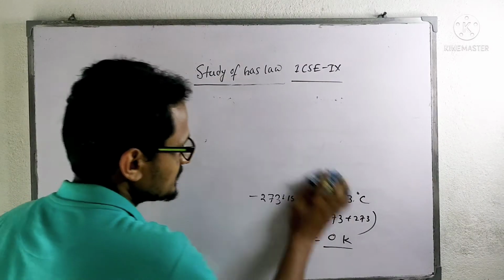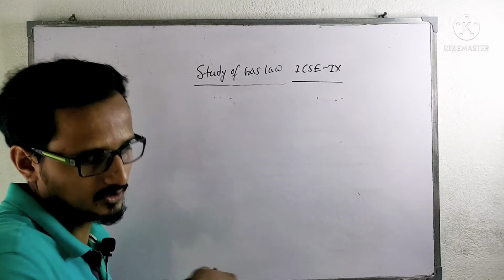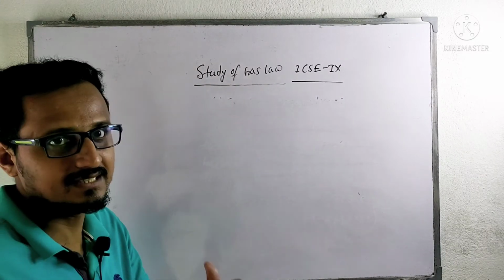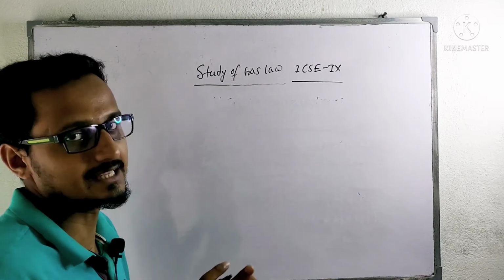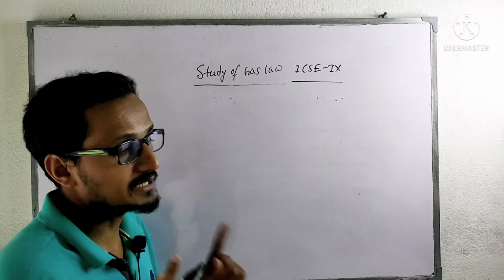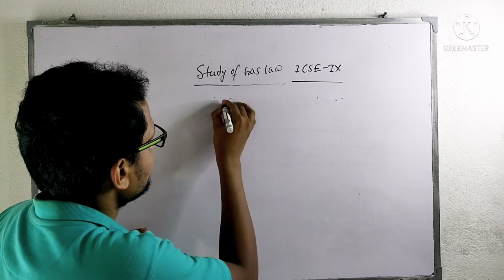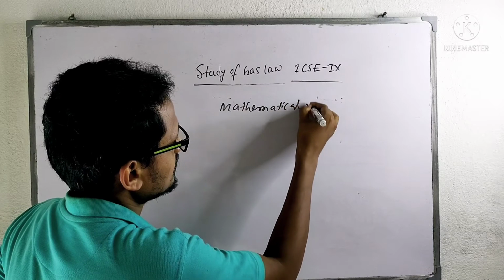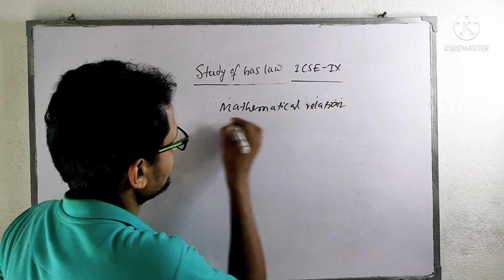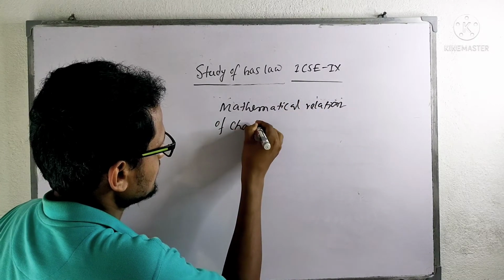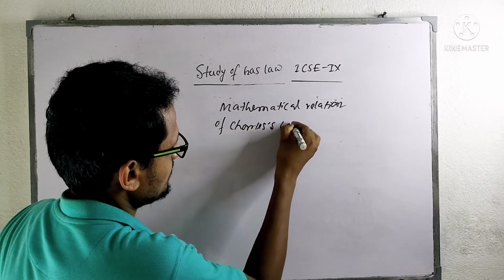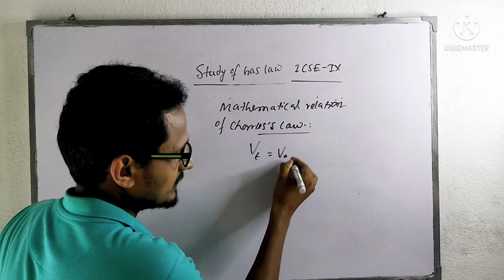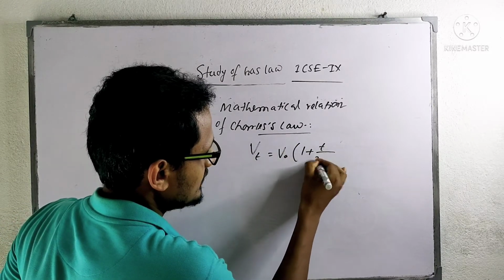We have seen in the last video the mathematical relation of Charles law: Vt equals V0 into 1 plus T by 273.